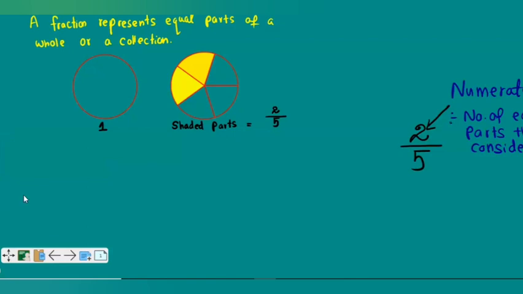And the number that is written below the line is called the denominator. Here it is the number of equal parts into which the whole is divided. Okay.